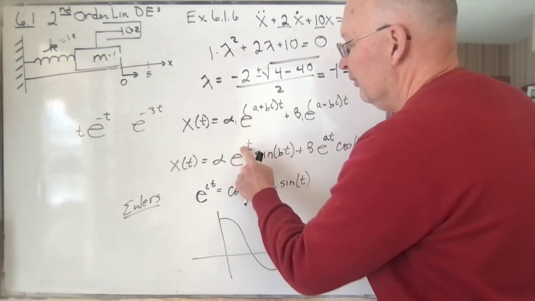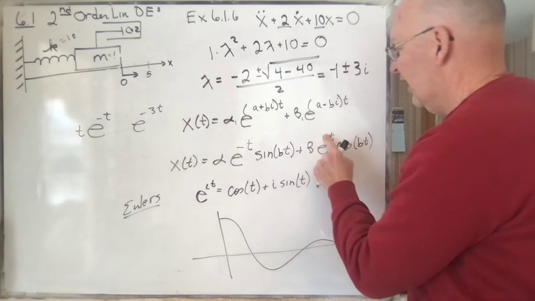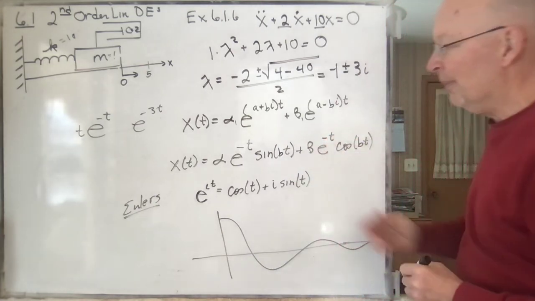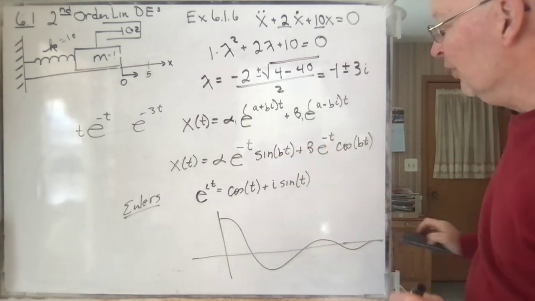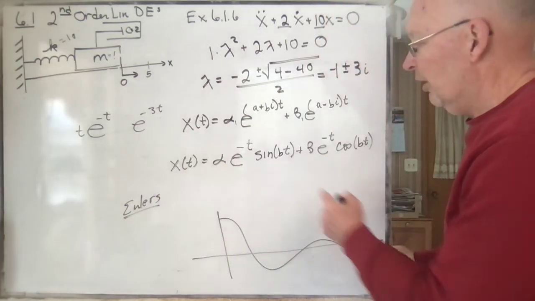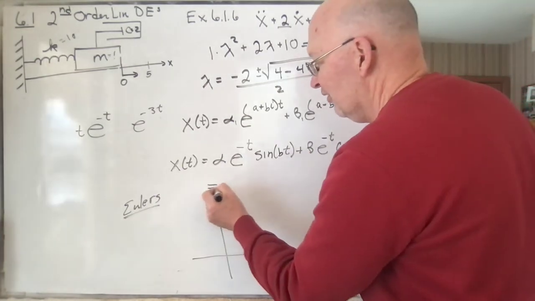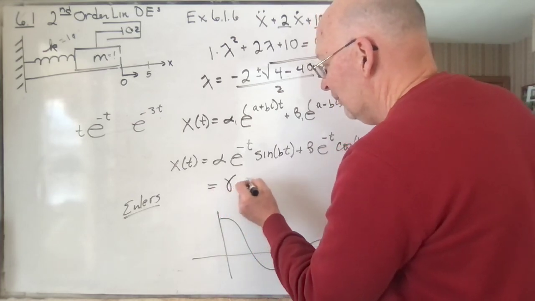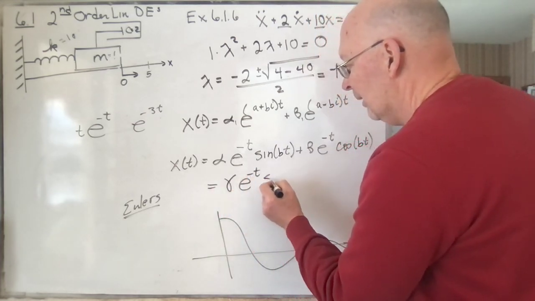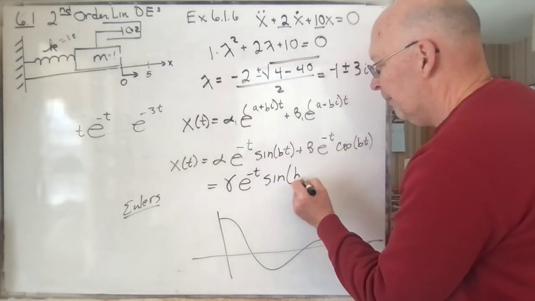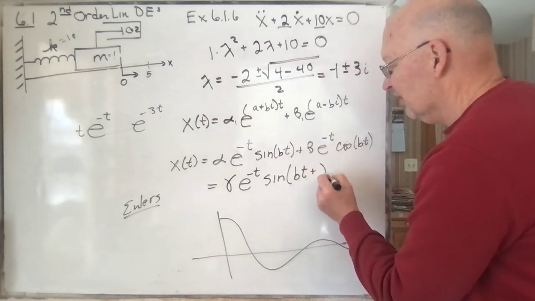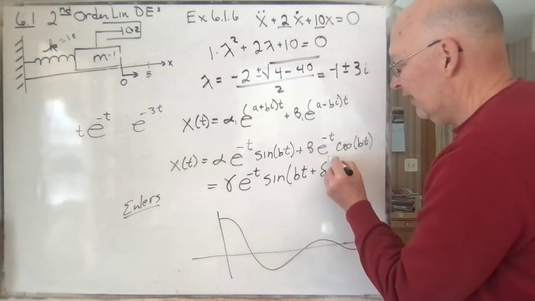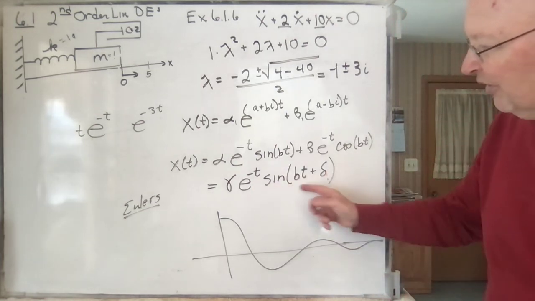See this right here? You have a negative, and you had a -1 there. So what happens if you were to do that same little trick, writing it like this? You could write it as gamma times e to the negative t times the sine of bt plus some angle. What's this going to look like?